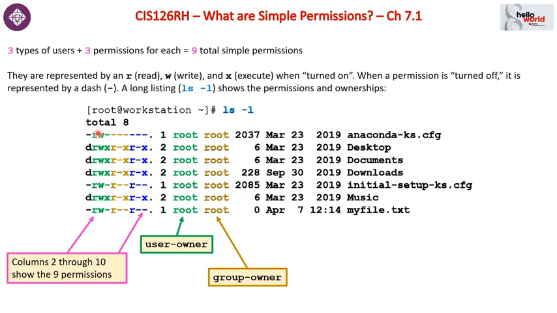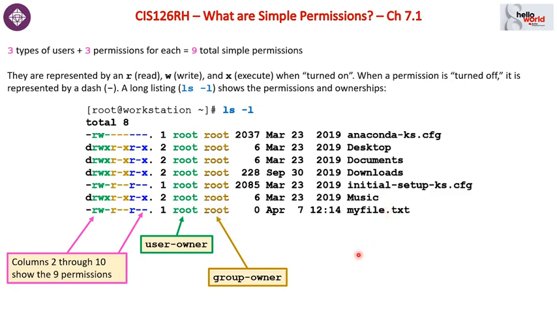If we look at the next example down, let's look at the other file first, all the way at the bottom. So the root user has read and write, no execute, which makes sense. myfile.txt doesn't seem like it'd be an executable file. The group owner, or members of this group, have read access on this file. So if you happen to be a member of the root group, if you're Bob or Jane or Chuck, and you happen to have this as your supplementary group, you could actually read this file.